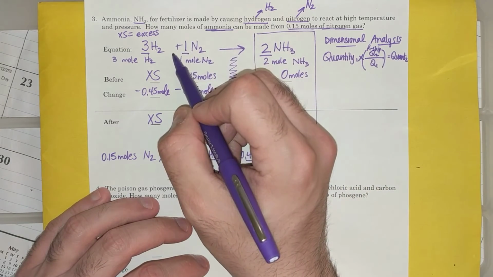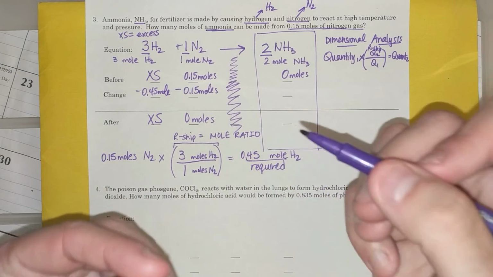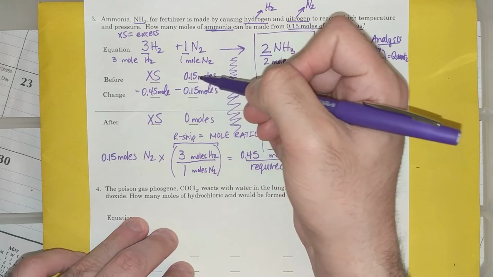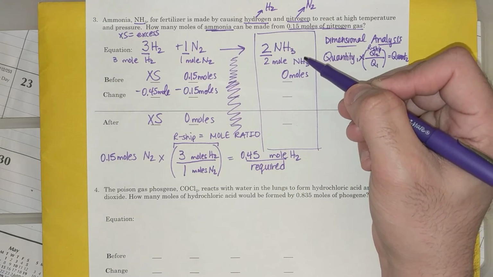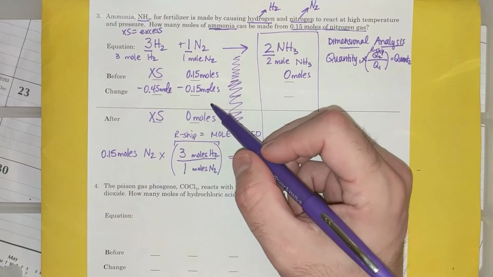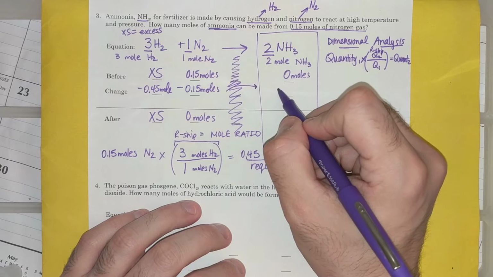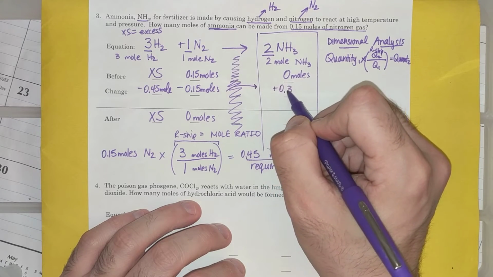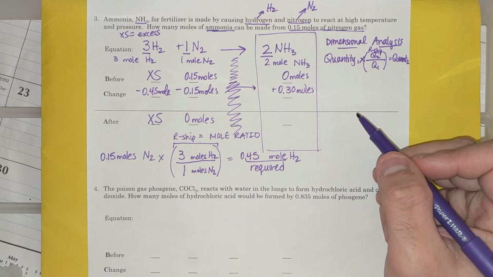For every 0.5 moles of N2, I should get 1 mole of NH3. The pattern is whatever moles of N2 I have, I multiply by 2 to figure out how many moles of NH3 I'm going to get. So from my 0.15 moles, I multiply by 2 and get plus 0.3 moles of NH3 being produced.